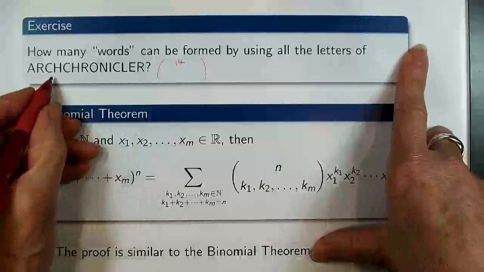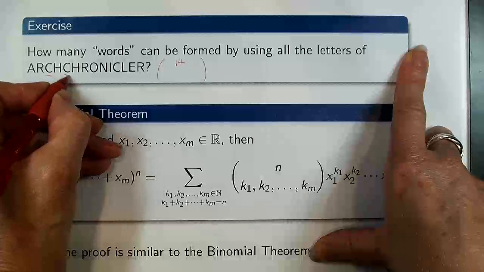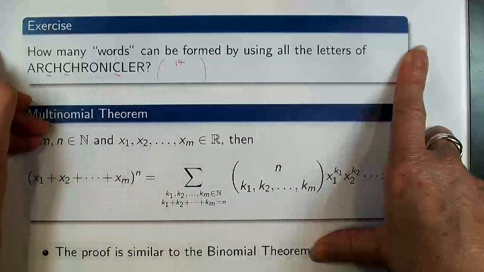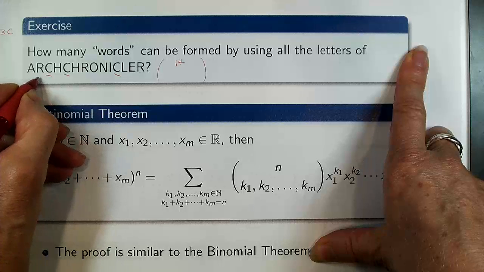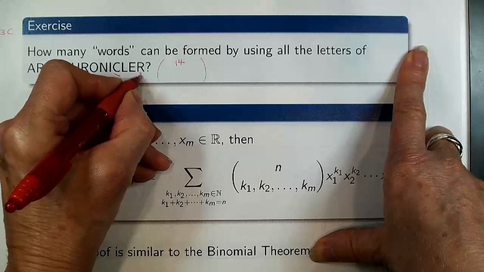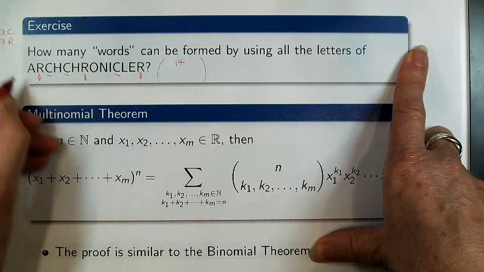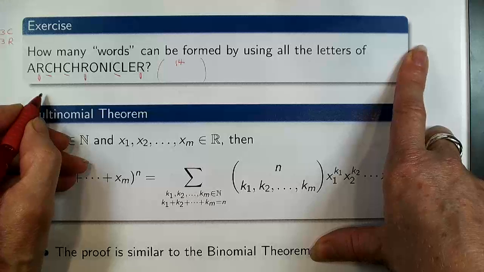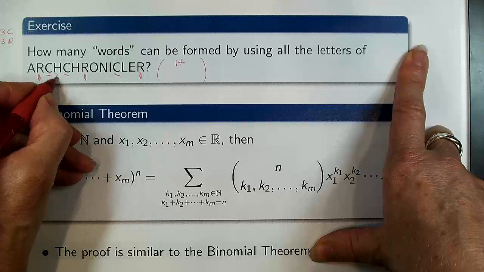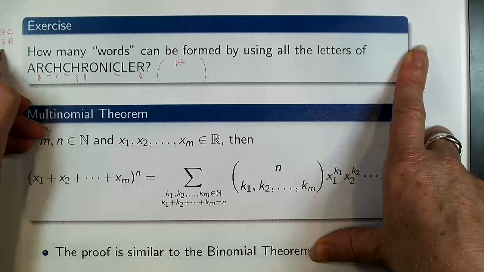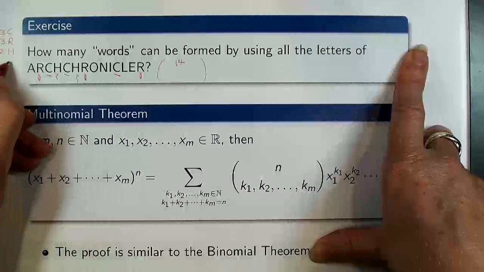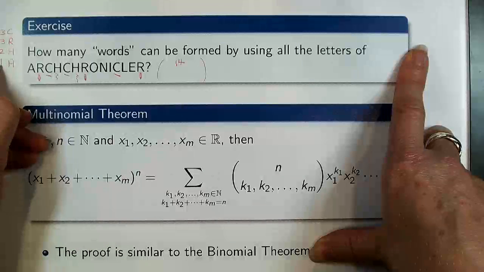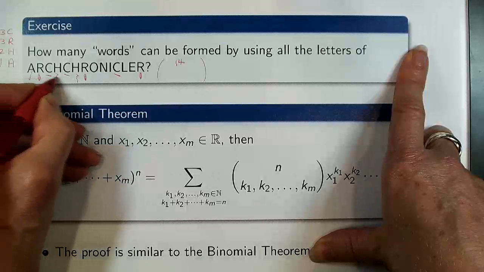How many C's are there? 3. Okay, so we've got 3 C's. How many R's are there? 3 R's. How many H's have we? 2. I think we've got 2 H's. All right, so we have A's. How many A's? Do we have 1 A? An O?